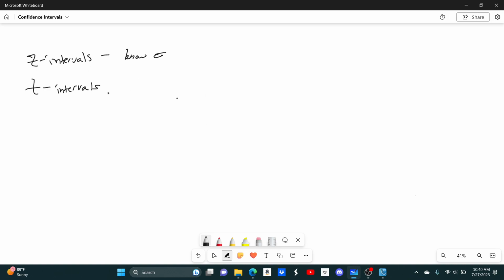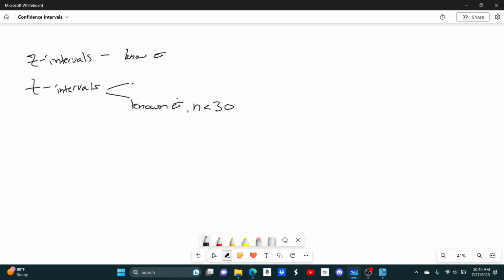Except for when you know the population standard deviation, but your sample size is less than 30. So that's an exception. That's something to think about. So if you know the standard deviation, you use a z-interval, but if it's less than 30, then you would have to use a t-interval.